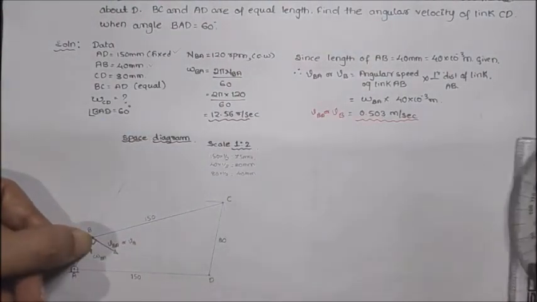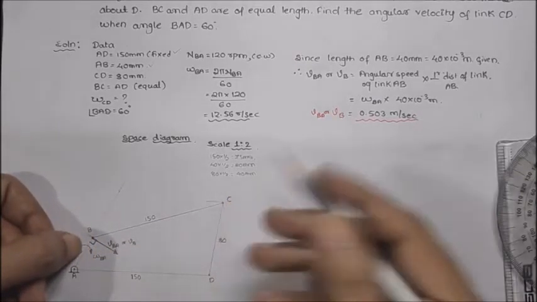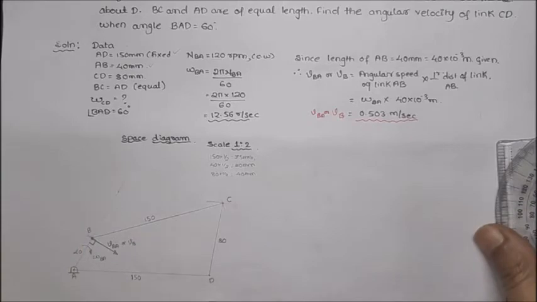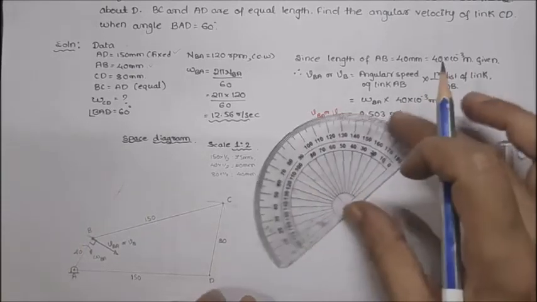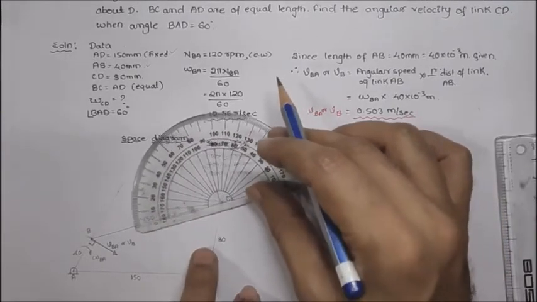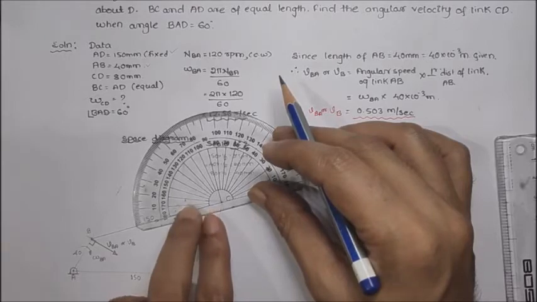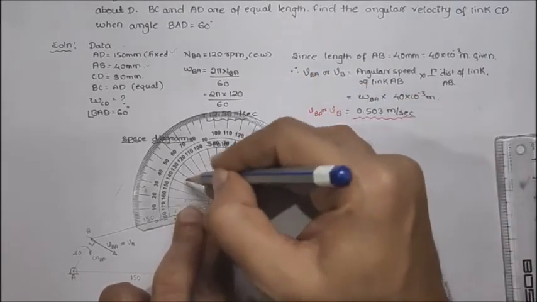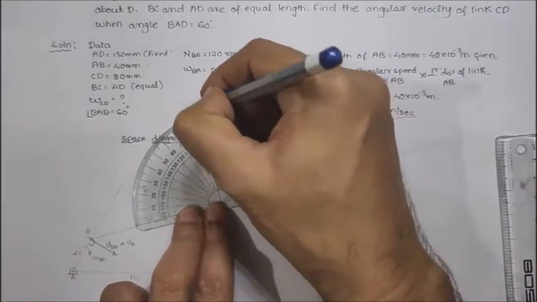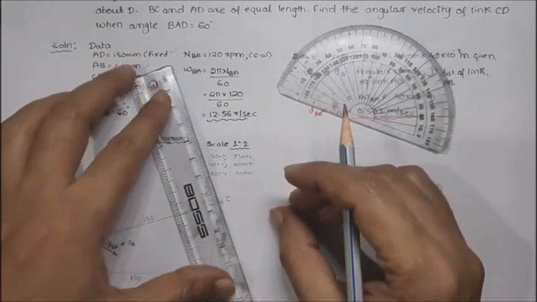So how we have drawn perpendicular to this one, we have to draw perpendicular for this particular point. How are we going to do it? We'll take this as a base and keep it on the line BC. Then perpendicular, that is 90 degrees, we point it here and from there draw a line.